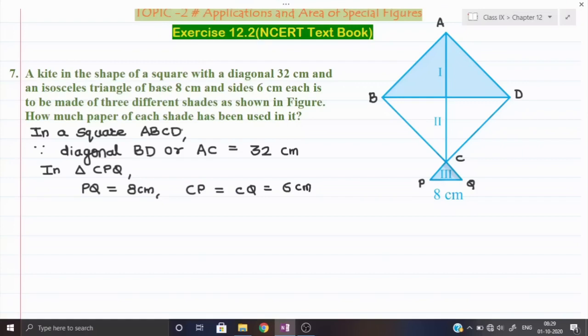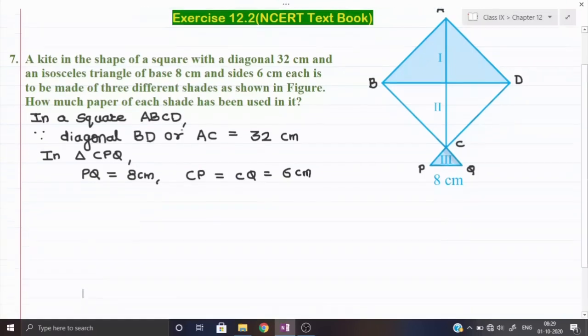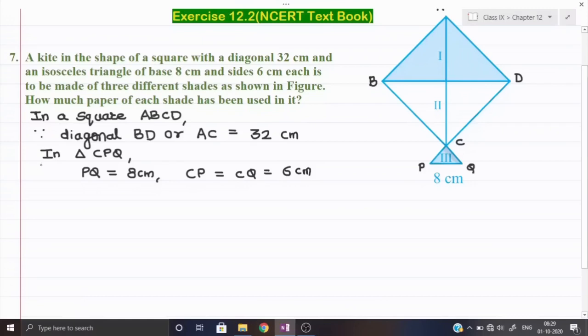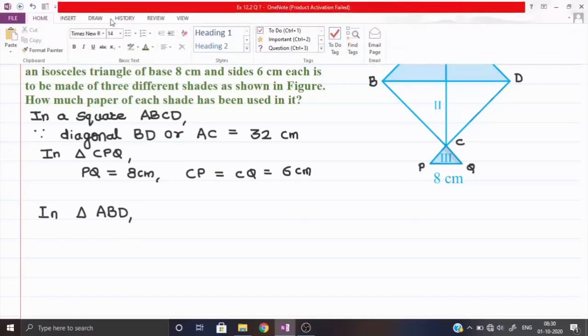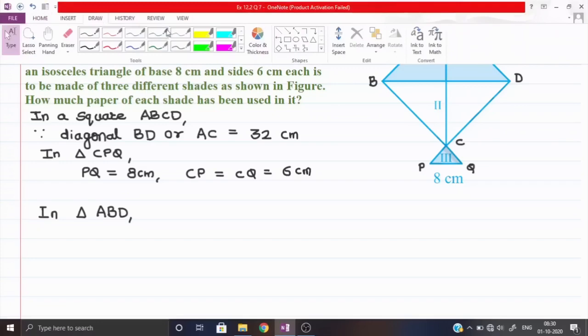Okay, let us see. First we shall write down in triangle ABD. In triangle ABD, one thing you observe, what we have been given. Suppose I draw that particular triangle separately, so I will show you what exactly we have been given and how easily we can find its area.